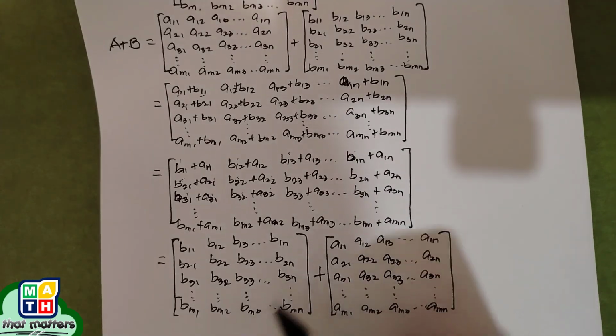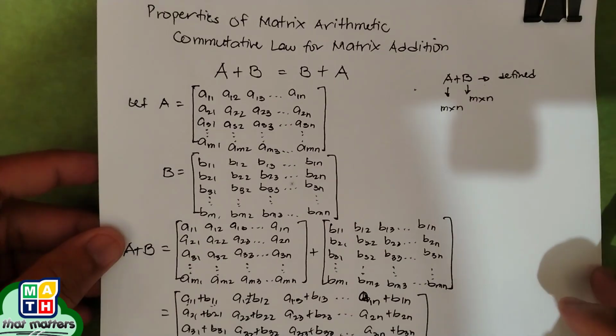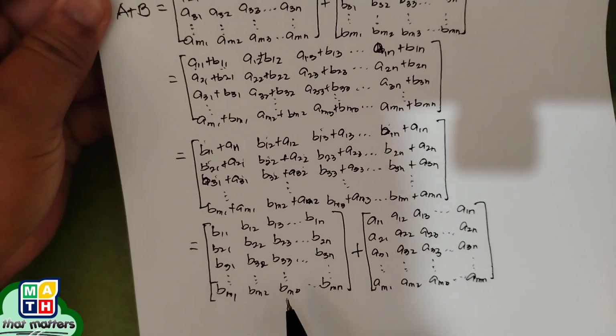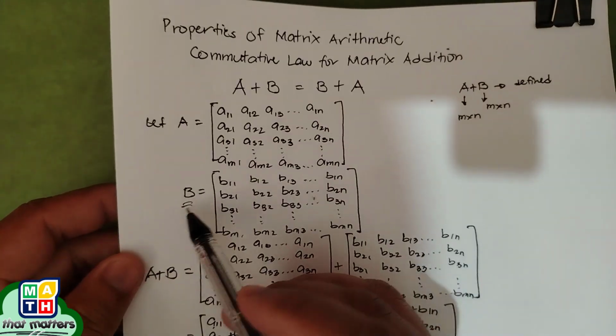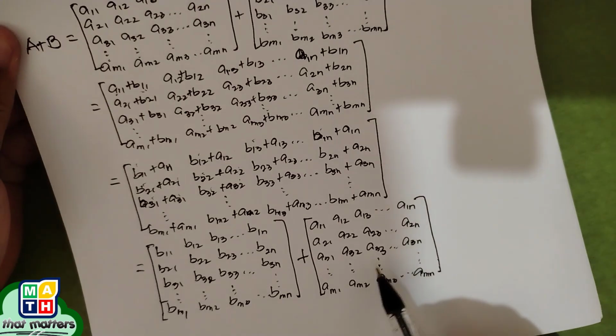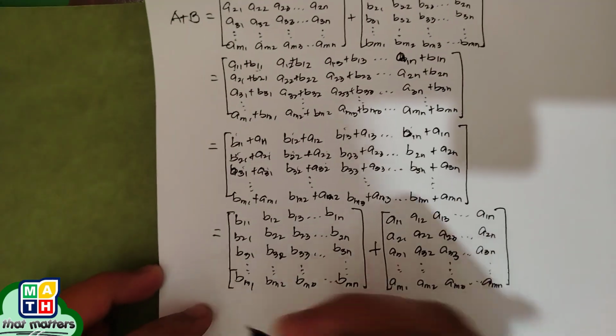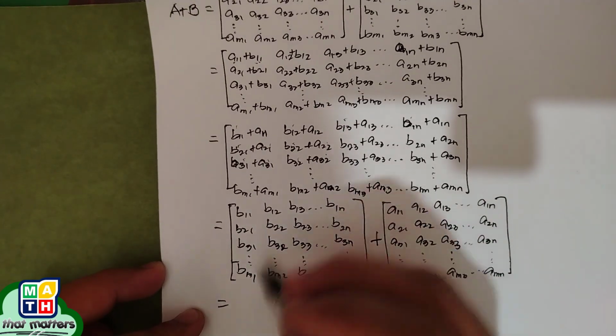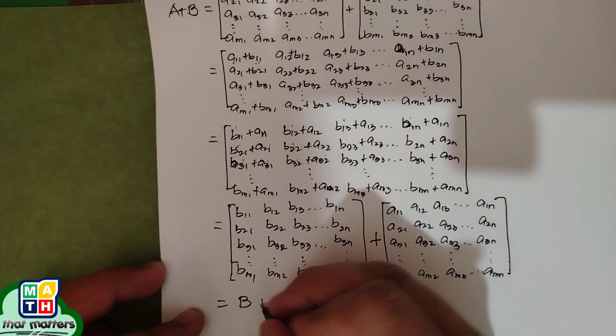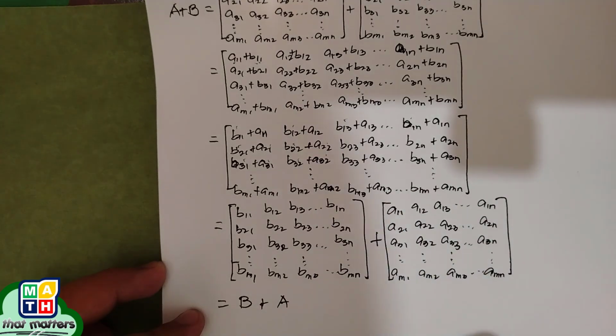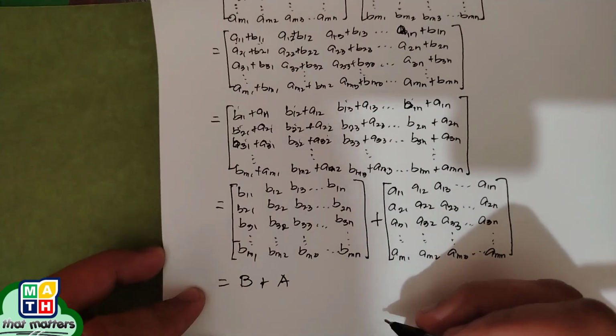What is this now? Based on our representation earlier, with all the B components here, this is just equal to matrix B. And all the components of A here are equal to our matrix A. So basically, we can write this finally in this form. This is just your matrix B plus your matrix A.